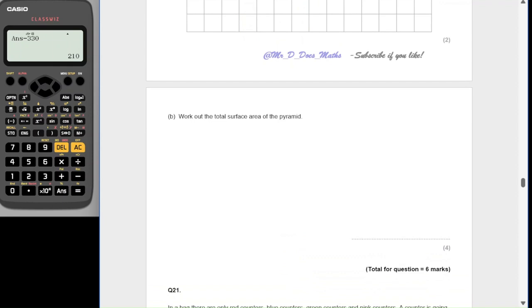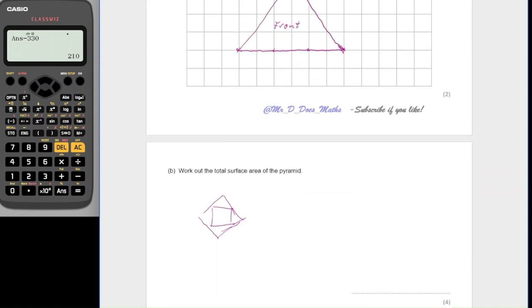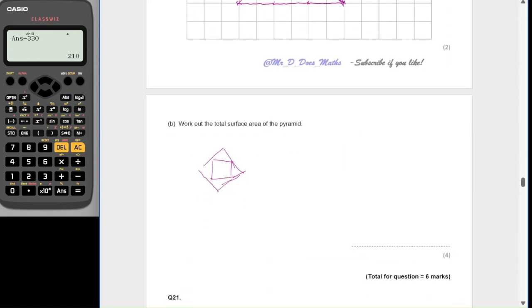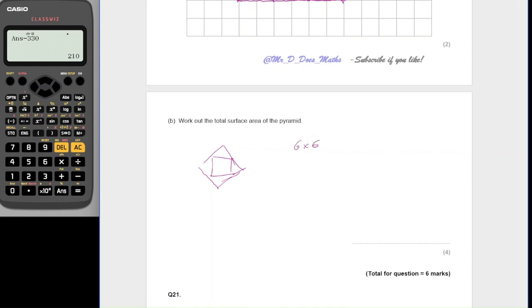Right, to work out the surface area of the pyramid. Okay, so if I just kind of imagine the pyramid, the net, very roughly there. Right, I'm going to have a square in the middle. Square in the middle would be a 6 by 6. And then I'm going to have 4 triangles. Half of the base times height.